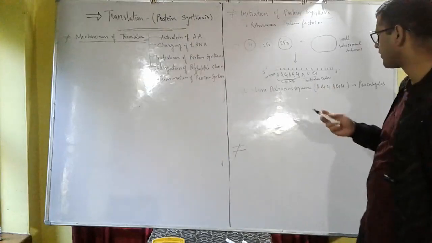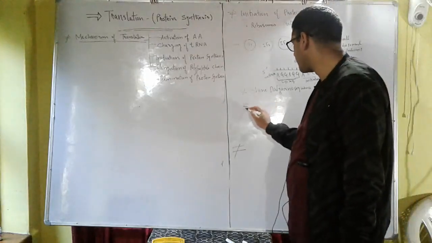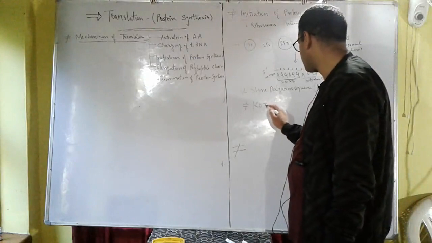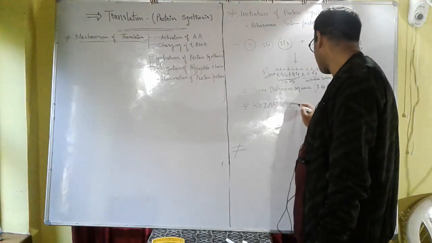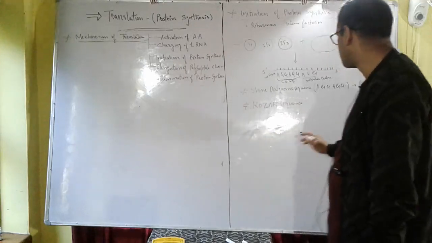It is found in prokaryotes, while in eukaryotes we have the Kozak sequence.